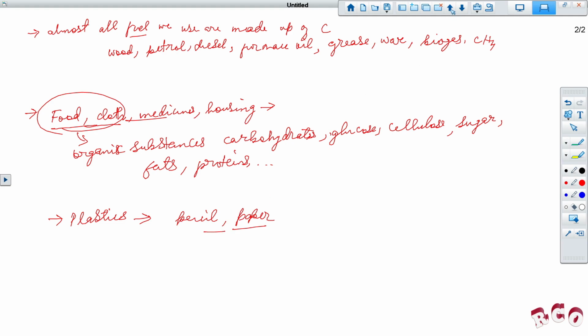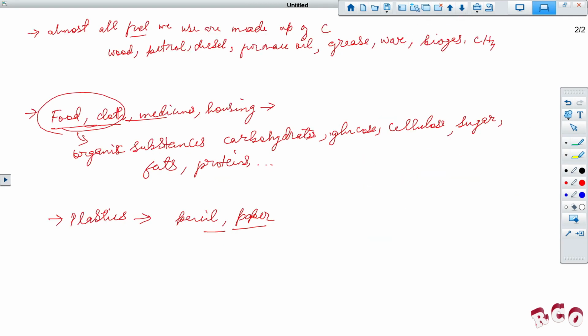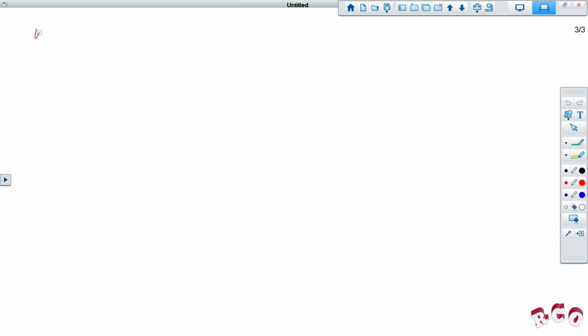So we will be discussing the tetravalency of carbon. Now, what is the uniqueness of carbon? It can form a huge number of compounds.